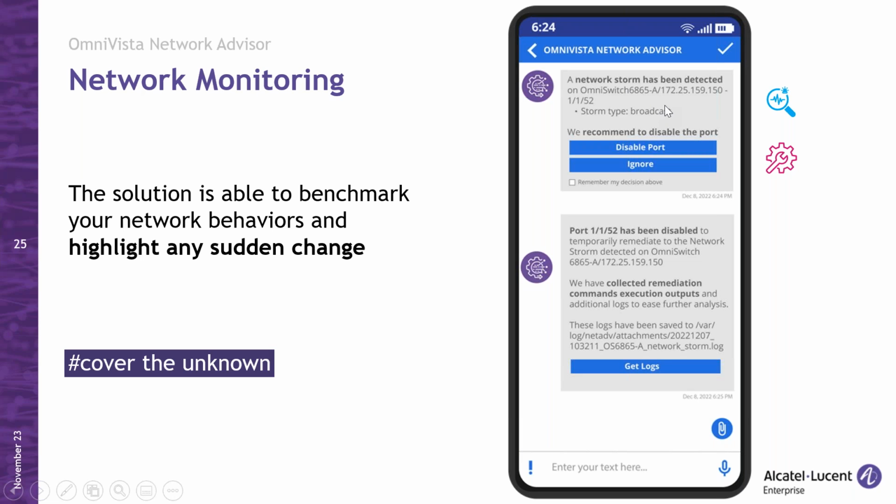So here, to avoid big problems with that amount of traffic, you can disable the port. If it's something that is only happening now and you know it is just a big FTP, okay, you can ignore it, but this is the purpose. Also, always monitoring your network.